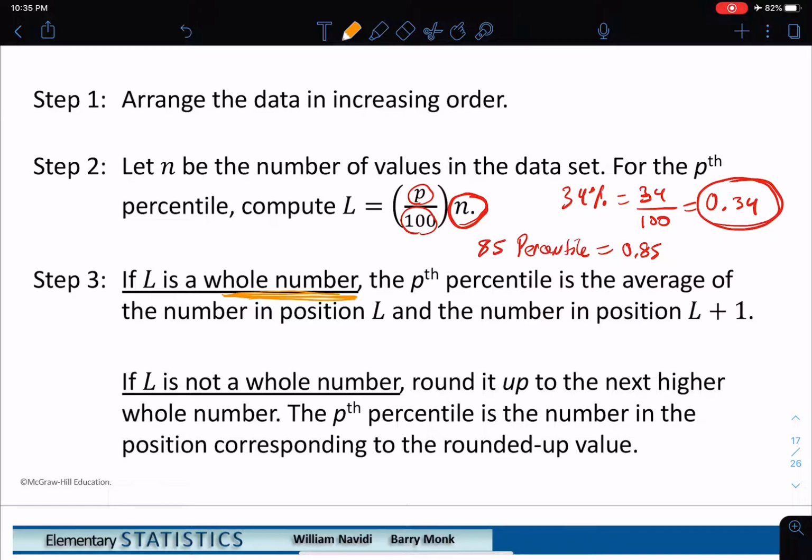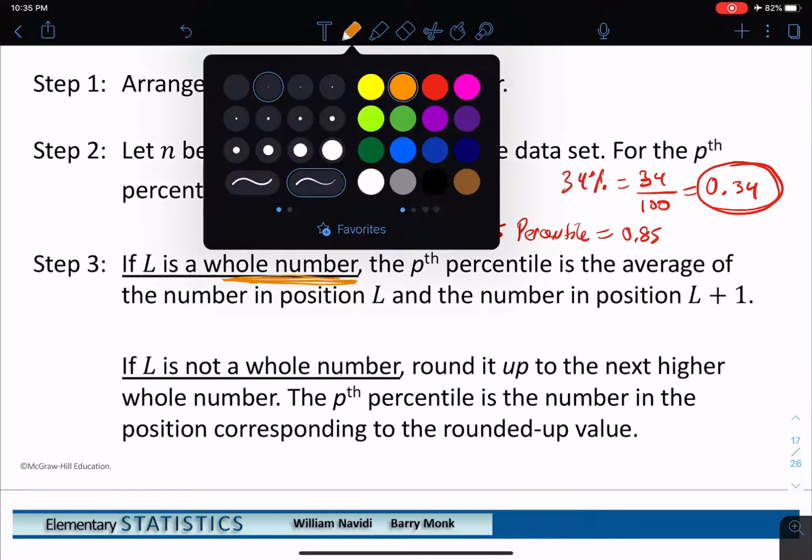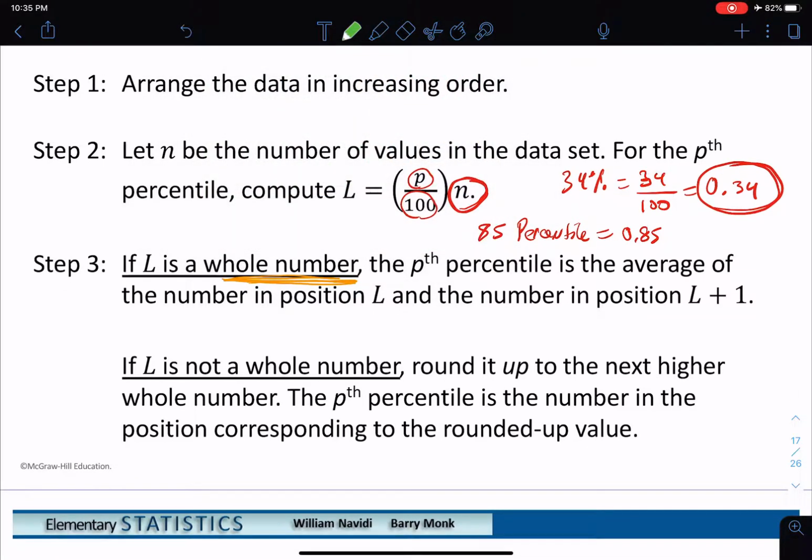On the other hand, if the L value is not a whole number, if it has some decimal value with it, then you just round up to the next higher whole number, and then you look at that position. The actual number in that position is going to be your percentile.